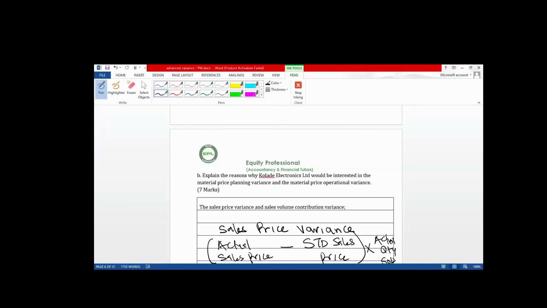It enables the company to identify the amount of errors included in the original standard material price.